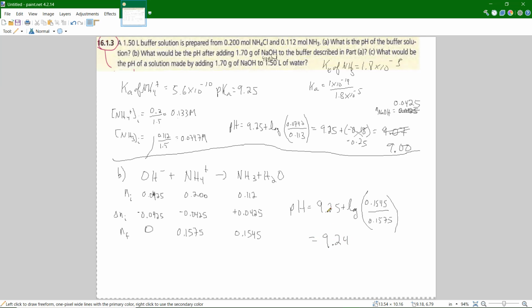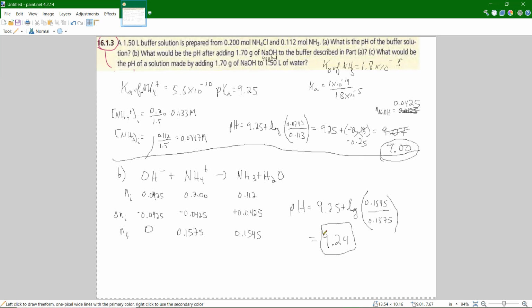Now, in terms of the neutral buffer, pH was 9.0. Neutral buffer. Why did I say neutral buffer? The buffer as prepared, before we add in any sodium hydroxide, has a pH of 9.00. Then we put in some base, okay, 1.7 grams, that's not insignificant, and the pH goes up, as you'd expect, because we're putting in some base.